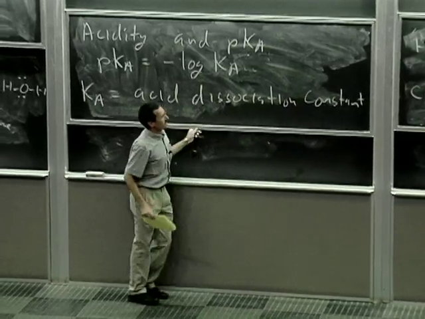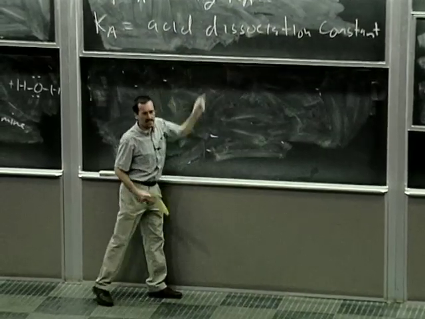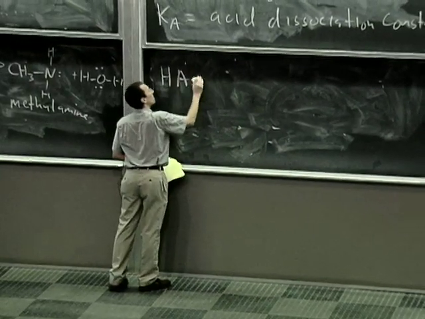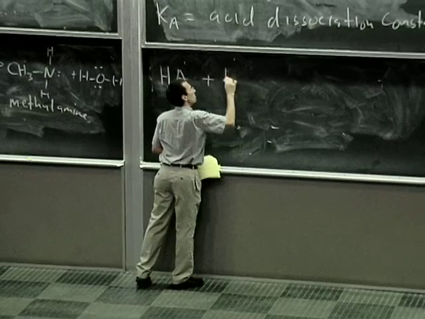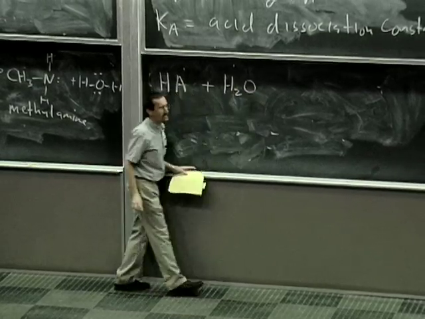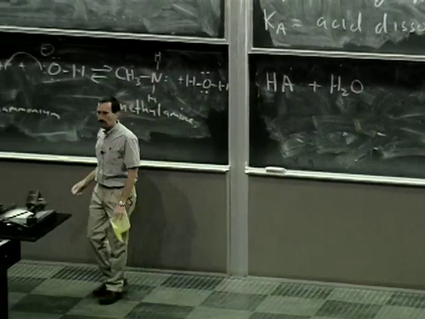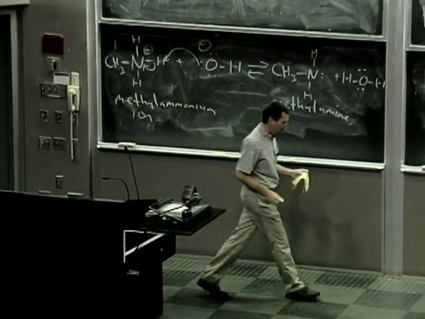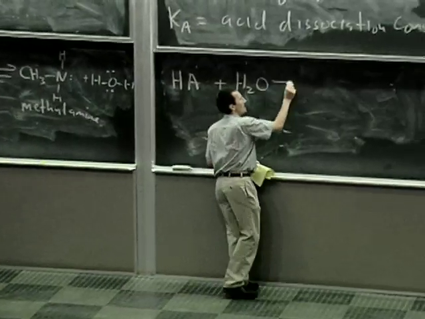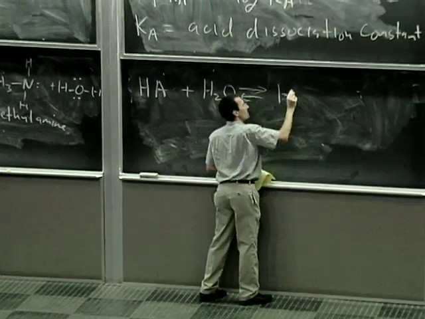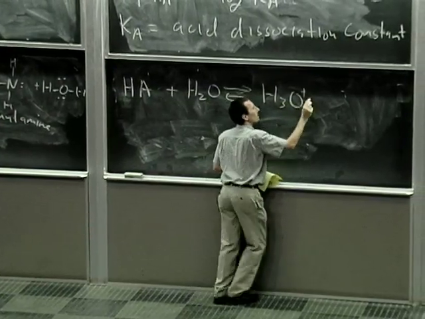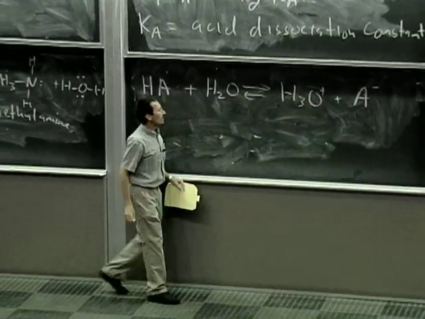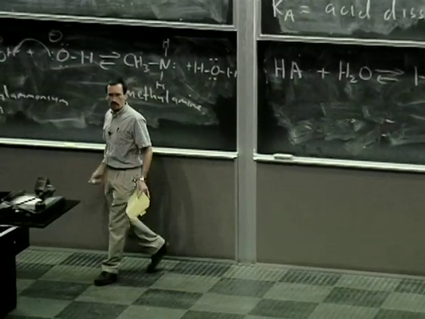And all that means is if you have an acid, we'll call it HA, and you put it into water, you set up an equilibrium of dissociation, an equilibrium between the hydronium ion and the conjugate base, A minus. Our equilibrium constant, remember how you get that?